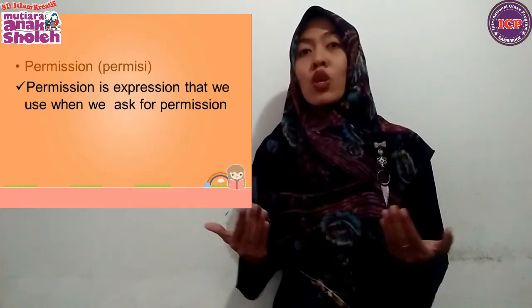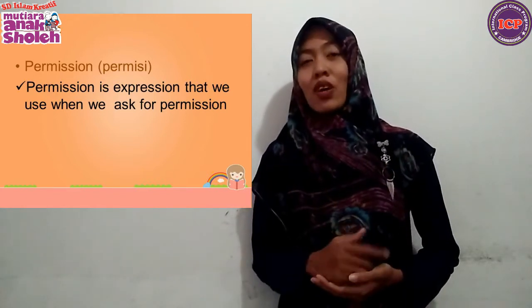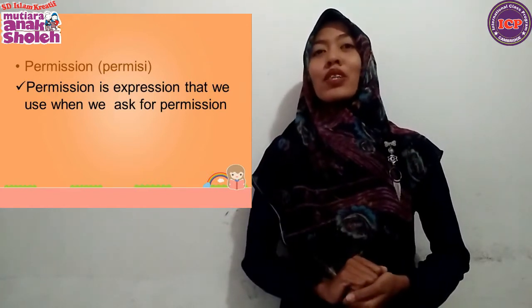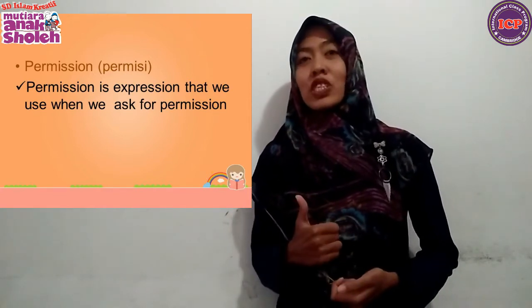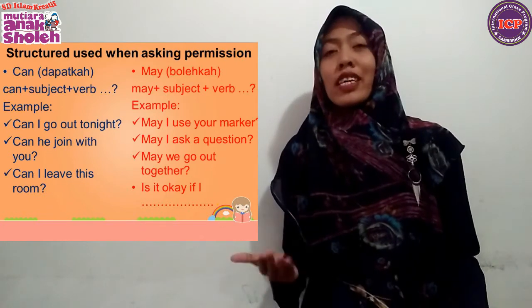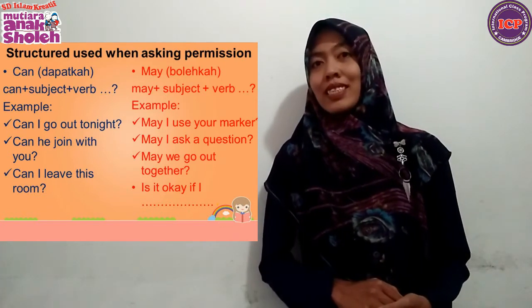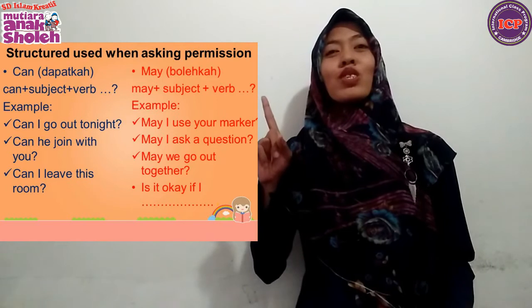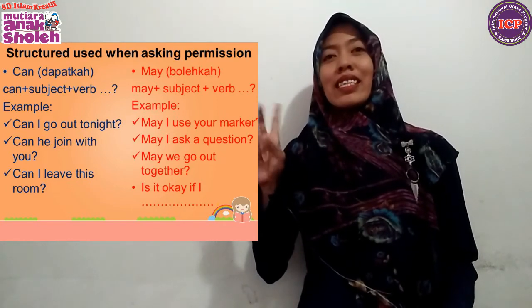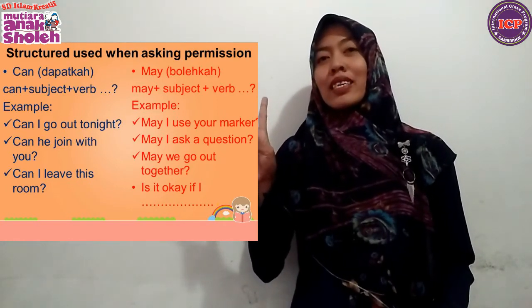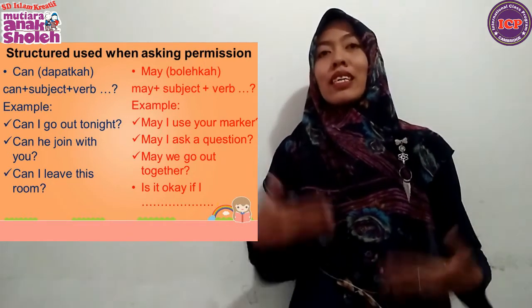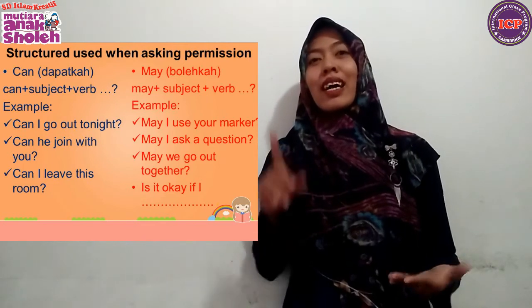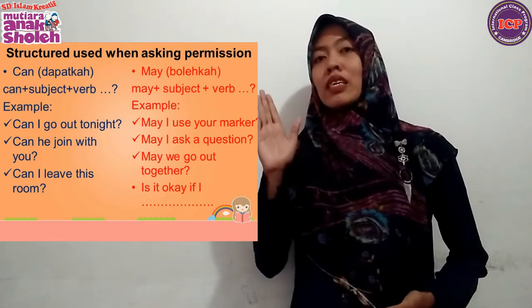Permission is the expression that we use to ask permission, or in bahasa Indonesia we call it permisi. Next, what is the structure of asking permission? For the first one we use can I, and then next we use may I. Do you know can I? Can I, dapatkah saya? Can he, dapatkah dia? Can, dapatkah. It's asking permission.